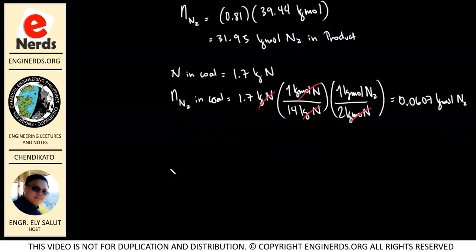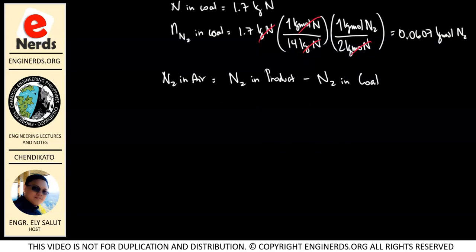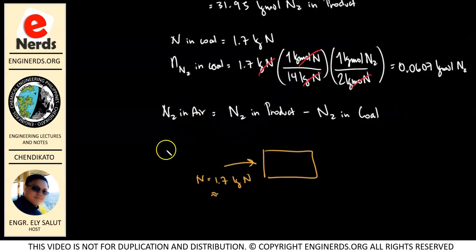Now, in order to get N2 in air, we need to subtract yung N2 in product by the N2 in coal. Diba? So, in-explain na natin yan kanina, but let me draw para hindi tayo malito, no? So, yung coal natin may nitrogen na 1.7 kilogram, which is, kinalculate natin dito, nitrogen in coal is 0.0607 kilogram mole ng N2.